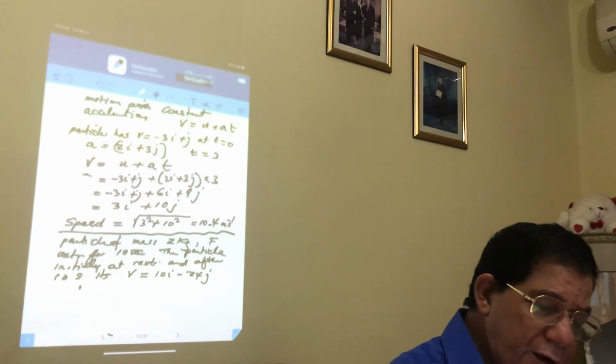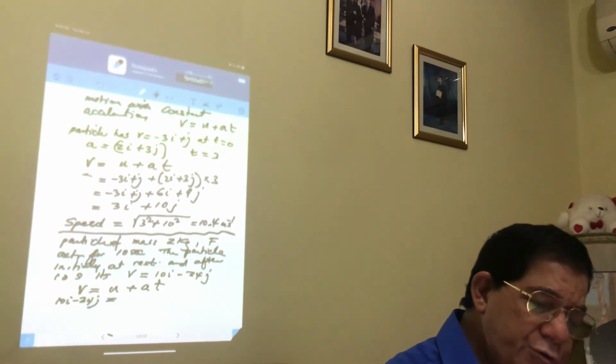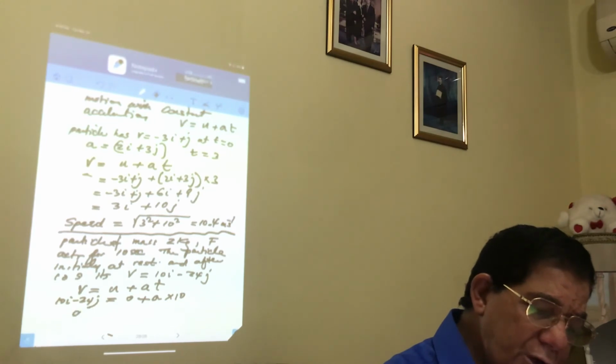We say v equals u plus at. But 10I minus 24j equals 0 plus the acceleration times the time, which is 10. So the acceleration equals I minus 2.4j.